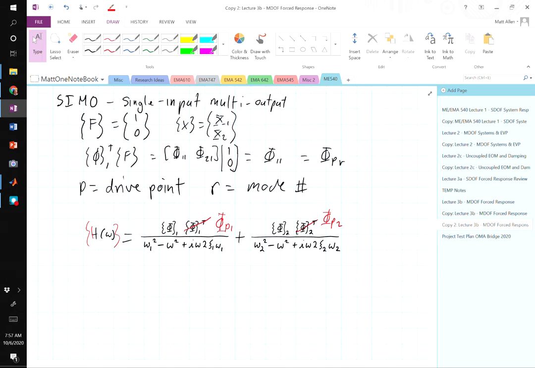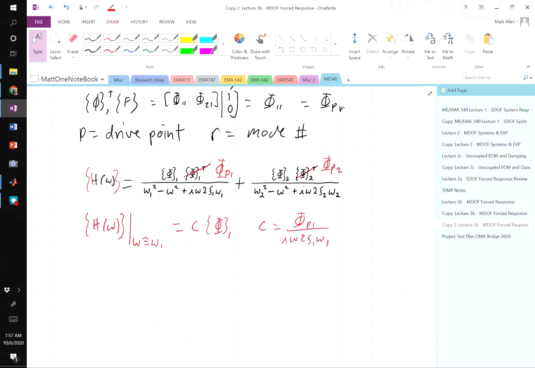And so in this case, again, we can say that h of omega, for omega approximately equal to the first natural frequency, will just be some constant times phi1, and that constant will be phi p1 over, well, this will have gone to 0, so we'll just have an i times 2 zeta 1 omega 1.